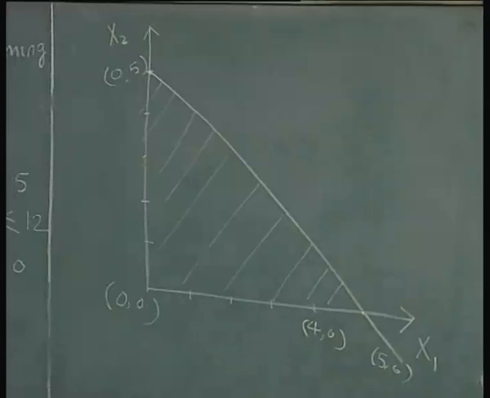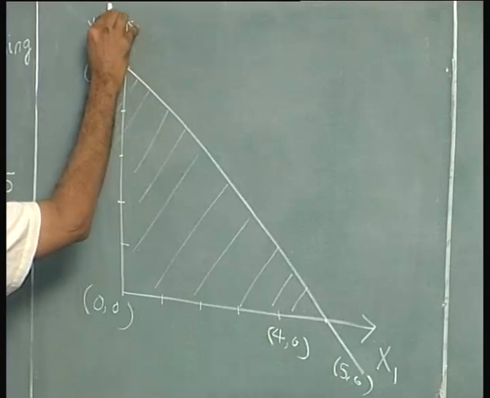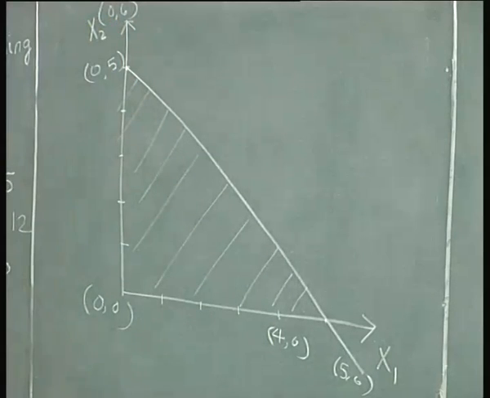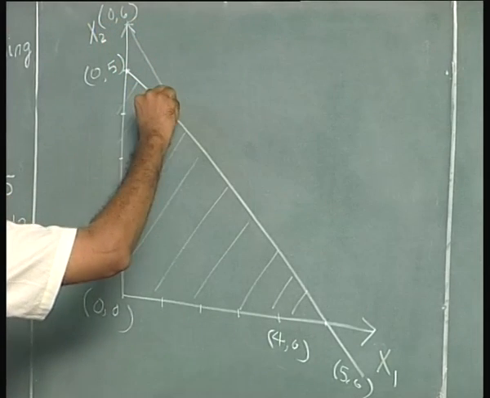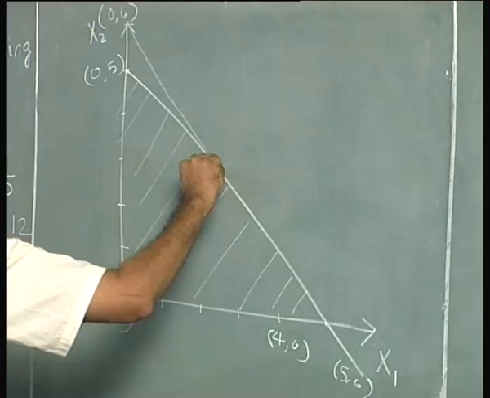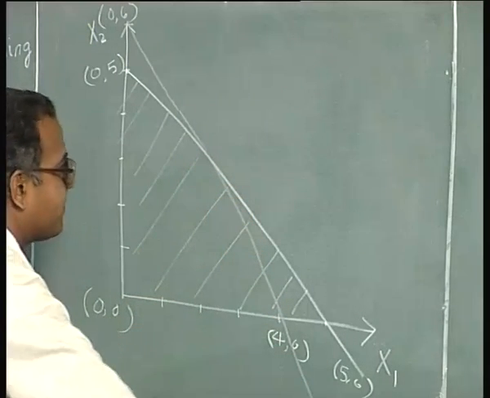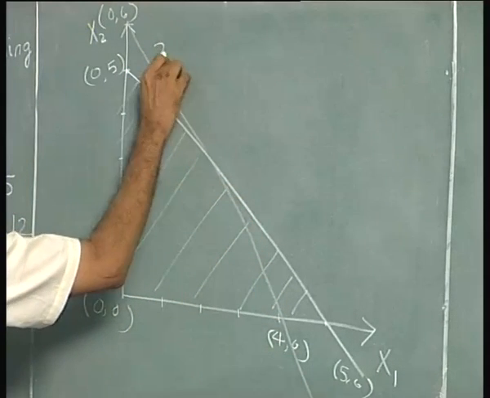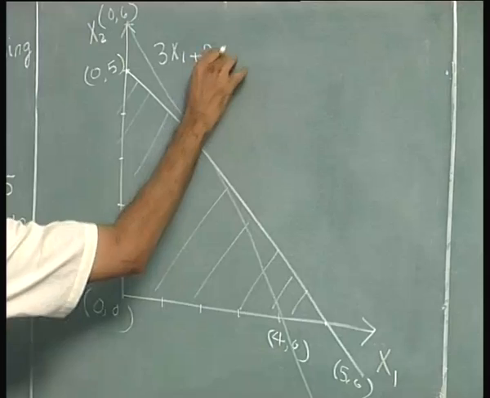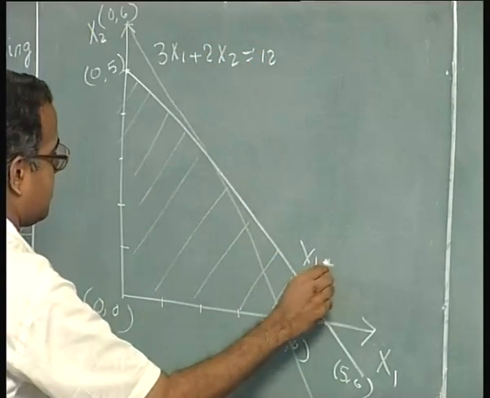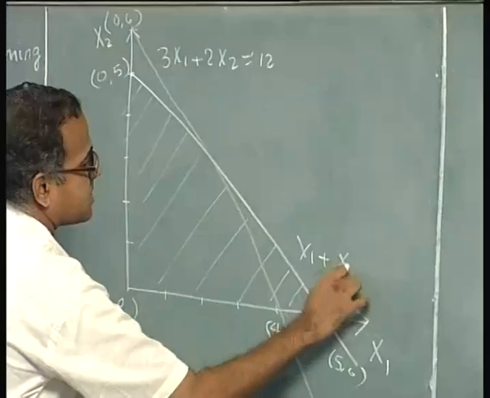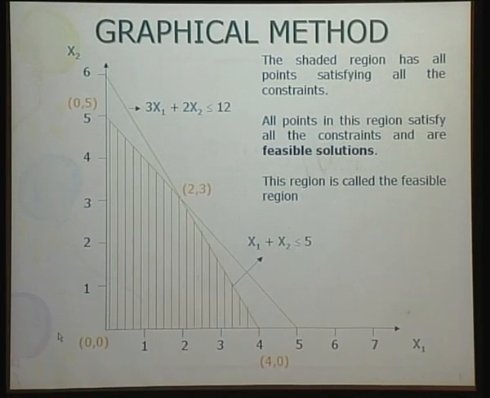The other one is 0 comma 6 which lies on the line 3x1 plus 2x2 equal to 12. So, we draw the line joining this. So, this is the line 3x1 plus 2x2 equal to 12, this is x1 plus x2 equal to 5.